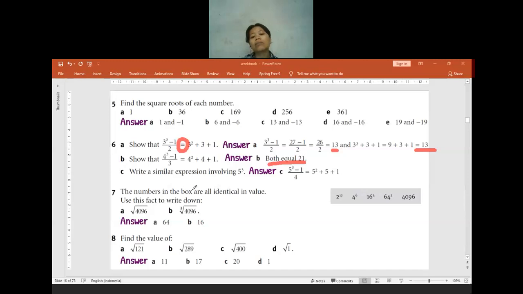Now I have to make a similar equation using 5 to the power of 3. To find the similar equation, you have to look at the expression given. In this expression, the cube number is subtracted by 1. So 5 to the power of 3 will be subtracted by 1, because 3 to the power of 3 is minus 1, and 4 to the power of 3 is also minus 1. But when you check the denominators, they are not the same.